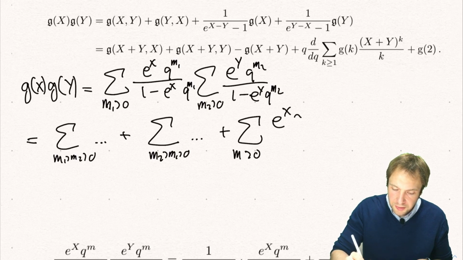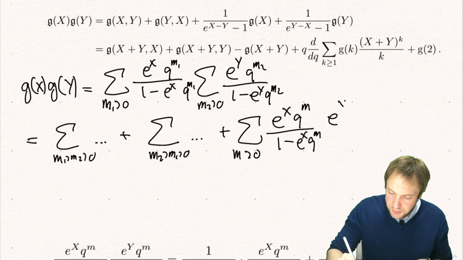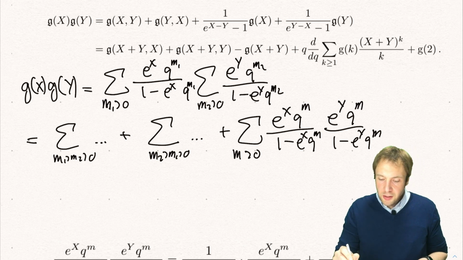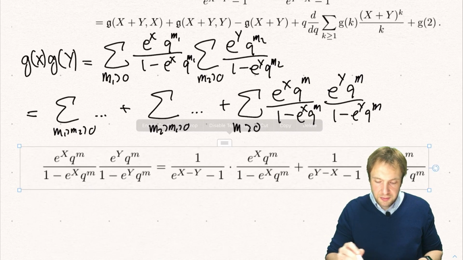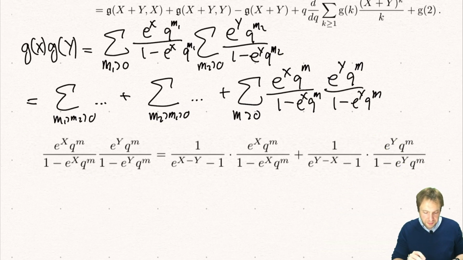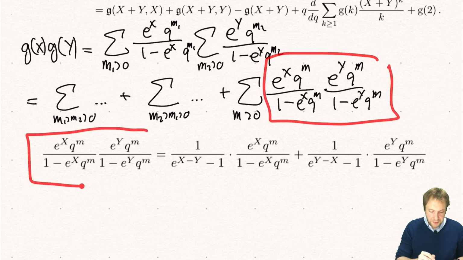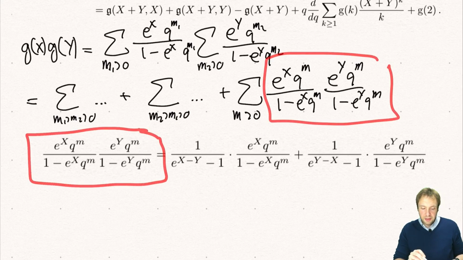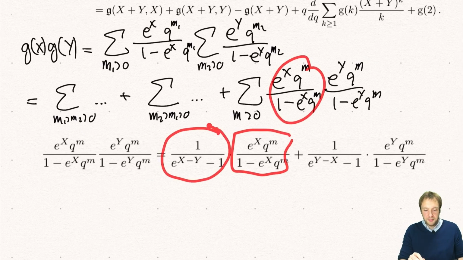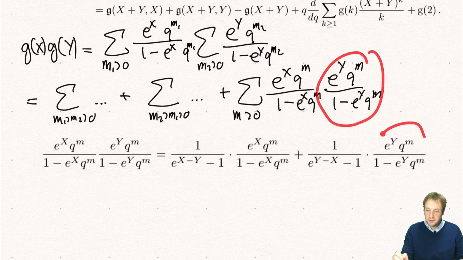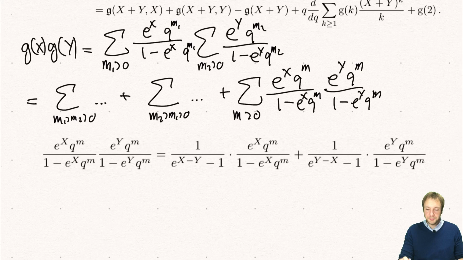So I have e to the x q to the m over 1 minus e to the x q to the m, times e to the y q to the m over 1 minus e to the y q to the m. And now we need to evaluate this thing here, and you can check by direct calculation that this product, which is exactly this here, can be written as this first term multiplied by this function here, plus the second term here multiplied by this.